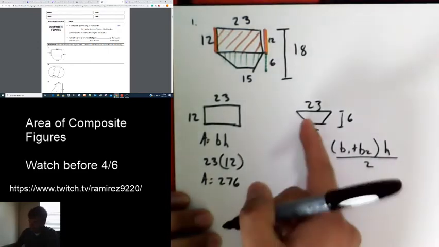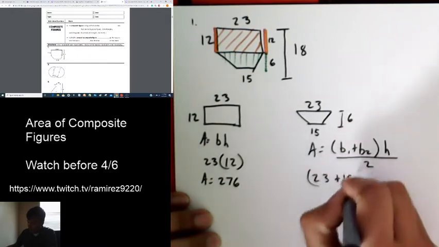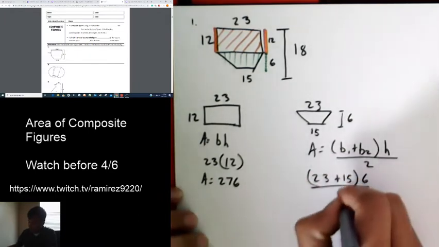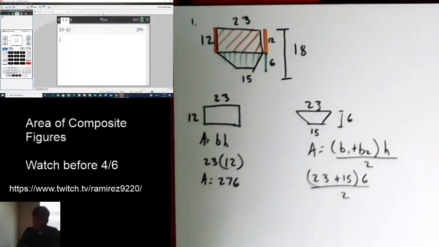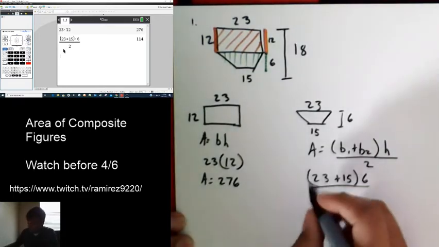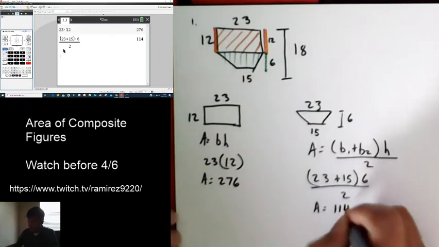So it's 23 plus 15 times 6 divided by 2. Using the calculator, the area is 114.